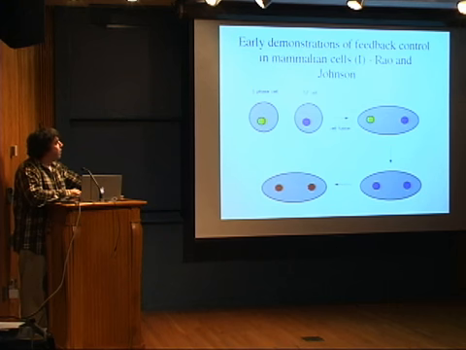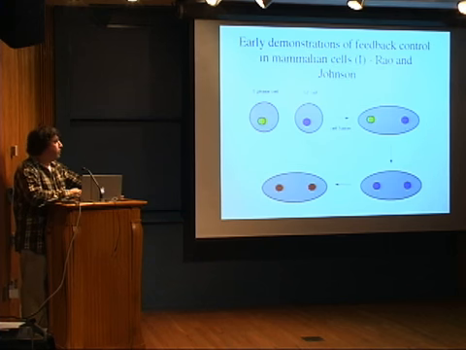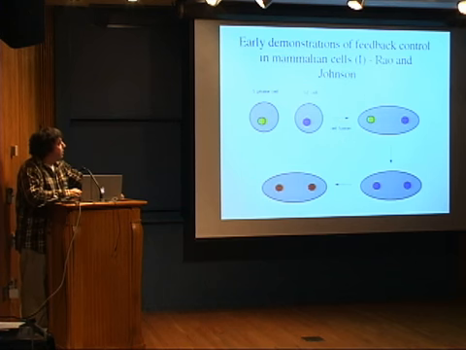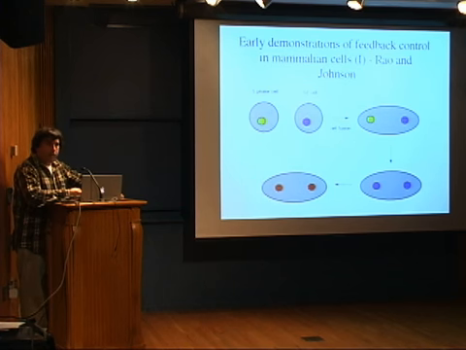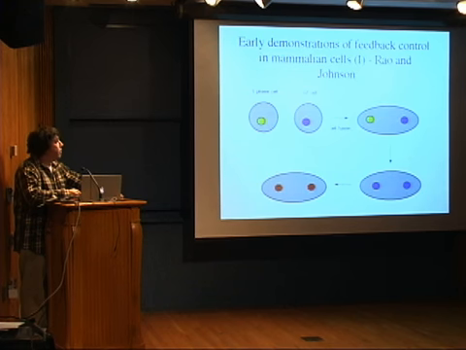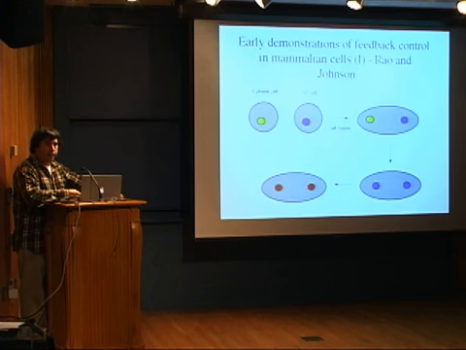Okay, and so the cells were fused, and then the nuclei were monitored to see when they entered mitosis. And what Rao and Johnson found was that despite the fact that the G2 cell had finished DNA replication and was ready to enter mitosis, upon fusion with a cell containing an S-phase nucleus, the G2 nucleus waited.